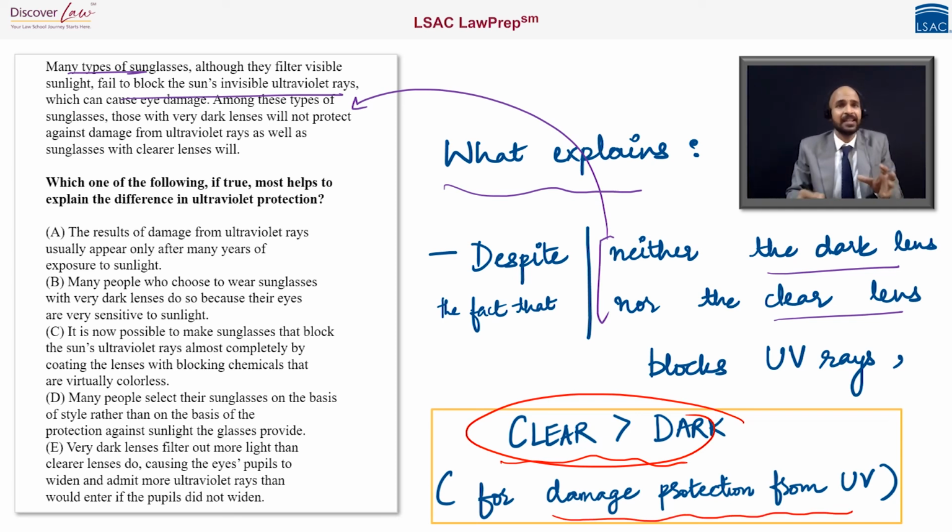What makes dark lenses worse than clear lenses as far as UV protection is concerned, despite the fact that neither blocks UV rays? This is the question, right?